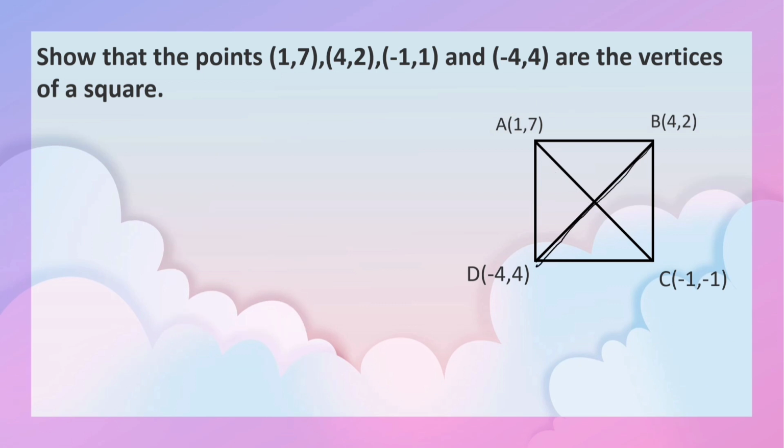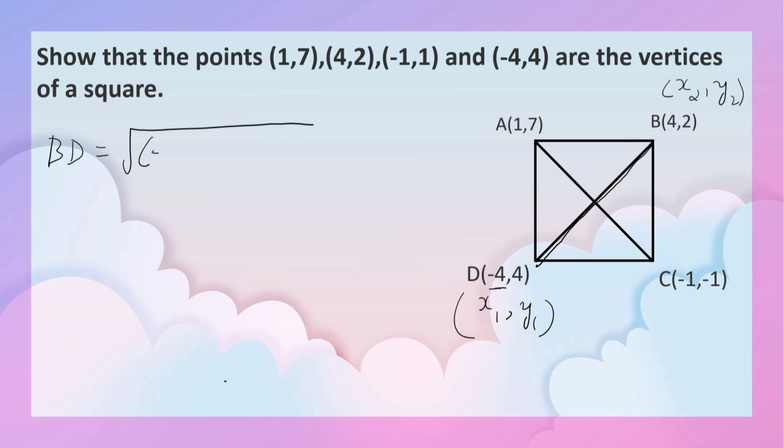Now let us find the length of BD. BD is equal to square root of, let this point be (x1, y1), this point be (x2, y2). x1 is 4, x2 is -4, y1 is 2, y2 is 4.